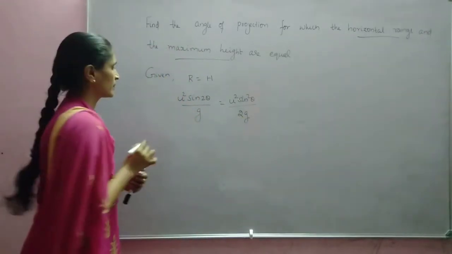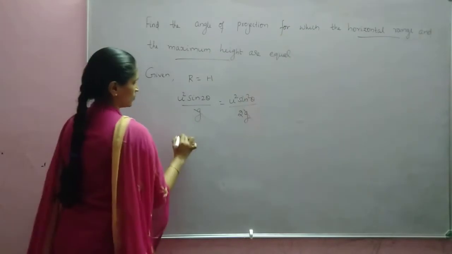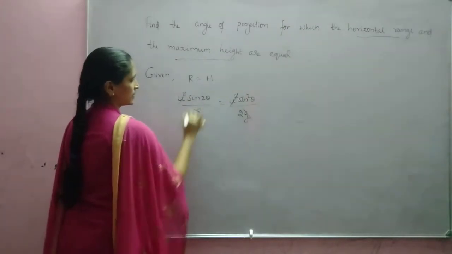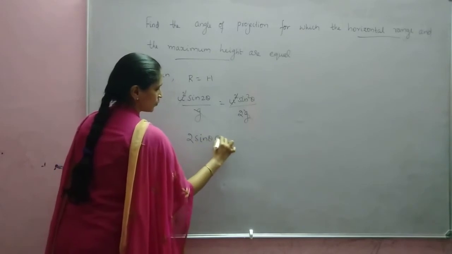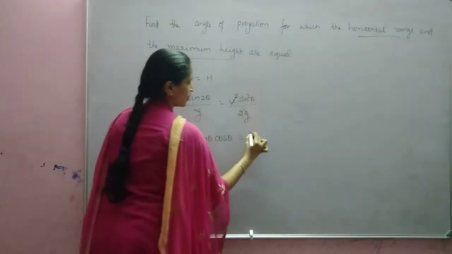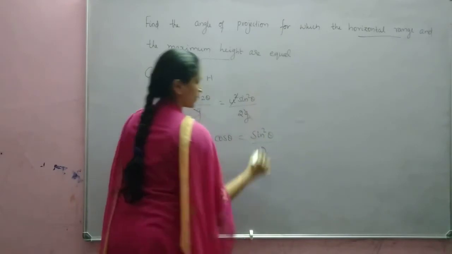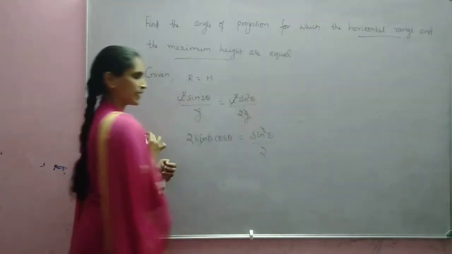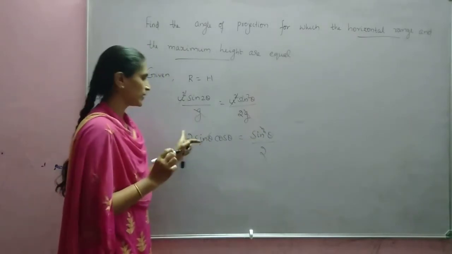Okay. Now g can be cancelled, so u square can be cancelled. Sine 2 theta can be written as 2 sine theta cos theta is equal to sine square theta by 2. One sine theta can be cancelled. This cos theta can be taken to this side and 2 can be taken to here.